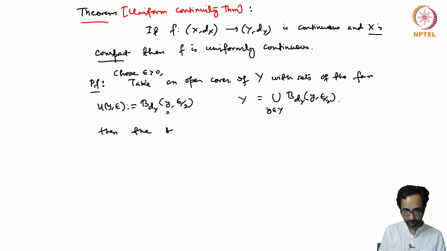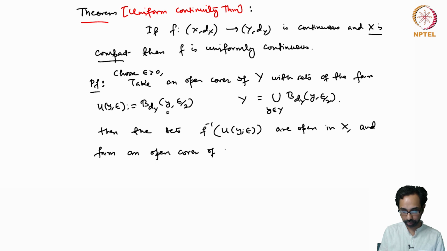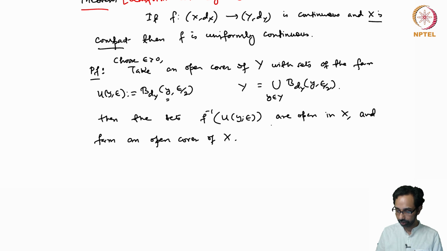Then the sets f inverse of U(y, epsilon) are open in X and form an open cover of X. Because the U(y, epsilon) cover Y, the inverse images will cover X.